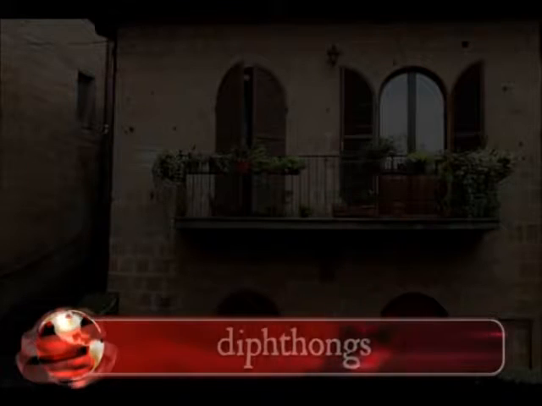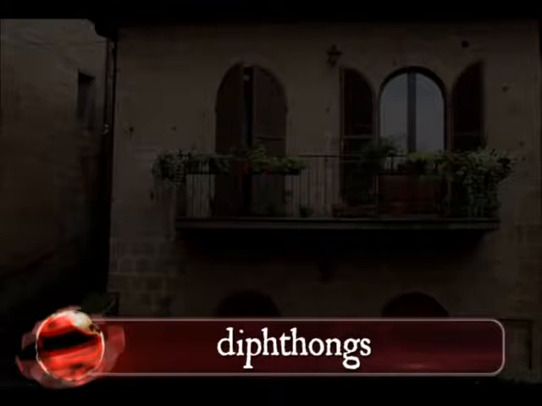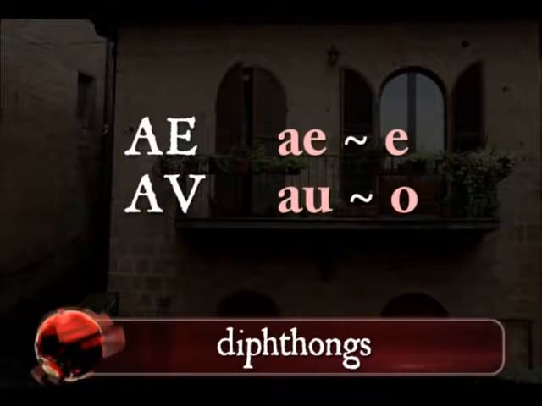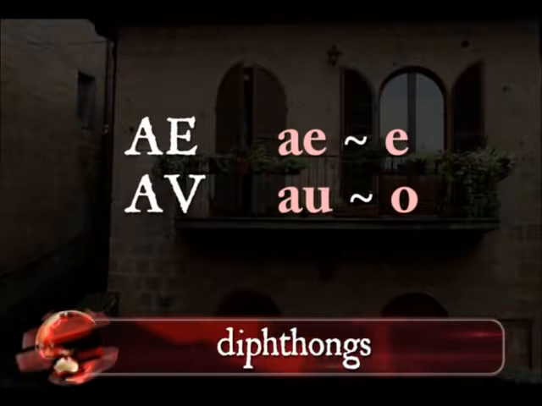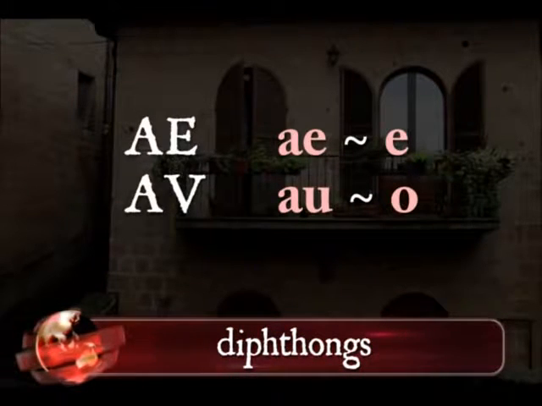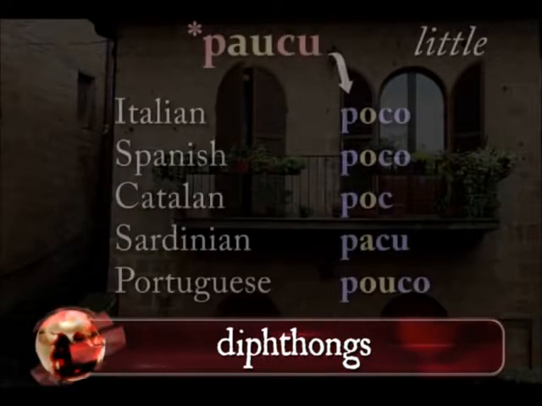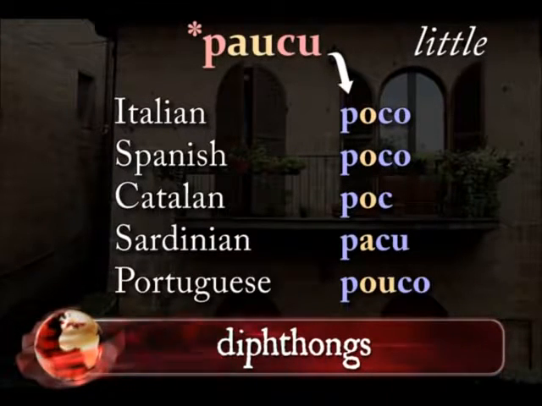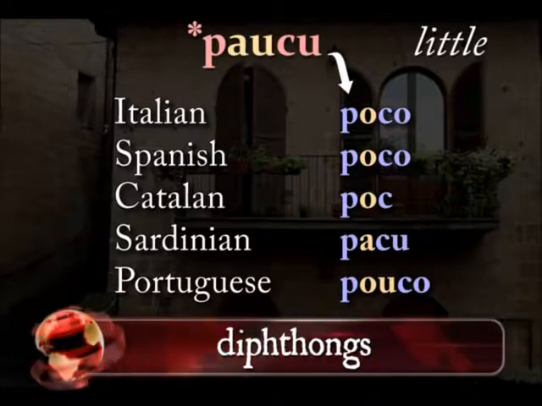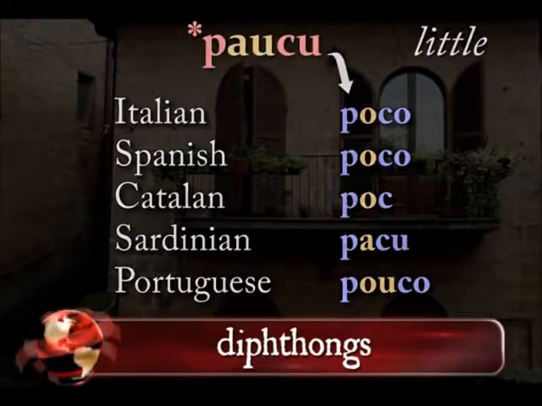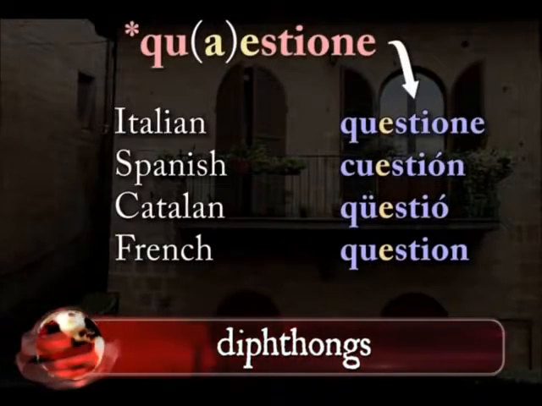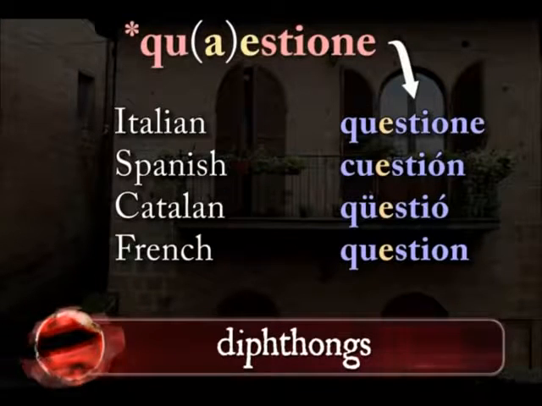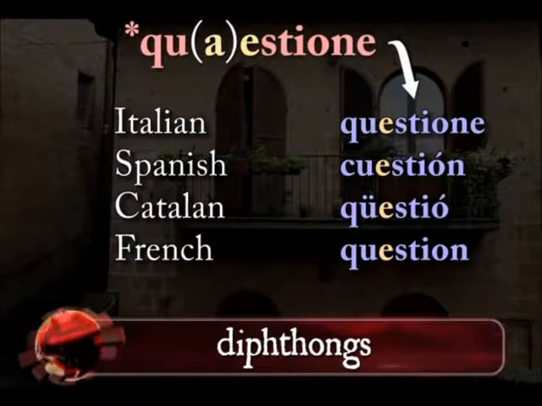Classical Latin used the vowel combinations ai and au, which tended to, but didn't always, merge with the vowels e and o. Here's the word pauku and some of its modern cognates. And this is the word quaestione, which was regularly pronounced questione in early Romance.